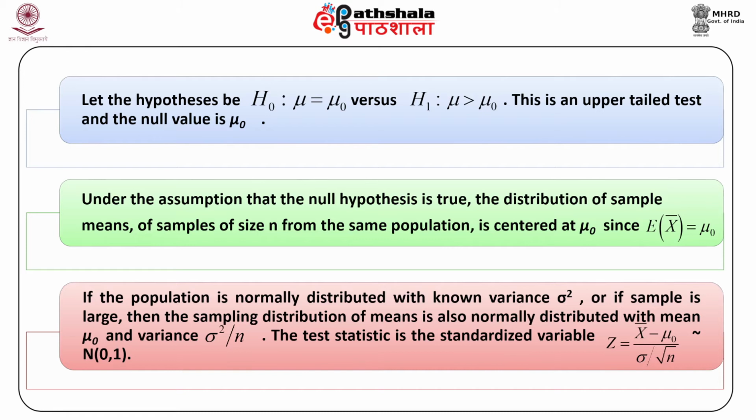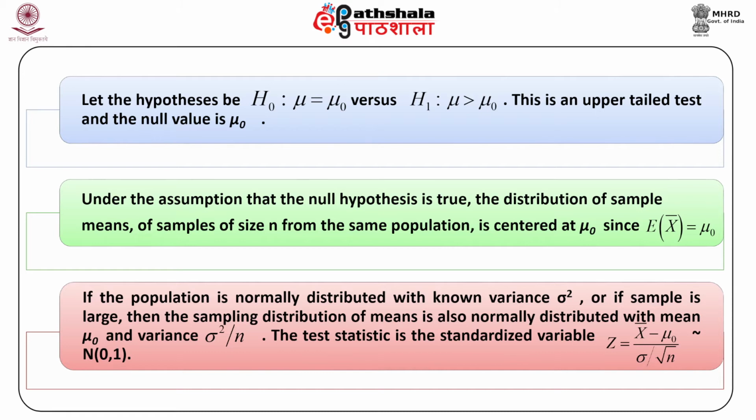For illustration, we will consider the test for a single population mean. Let the hypothesis be H0: mu equal to mu 0 versus the alternative hypothesis H1: mu is greater than mu 0. This is an upper tail test and the null value is mu 0.